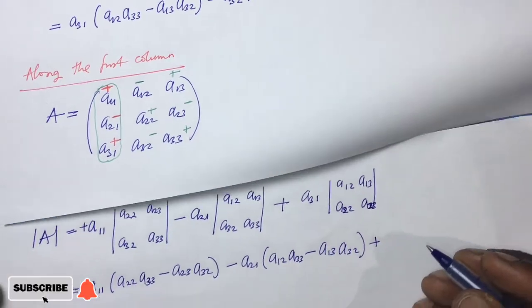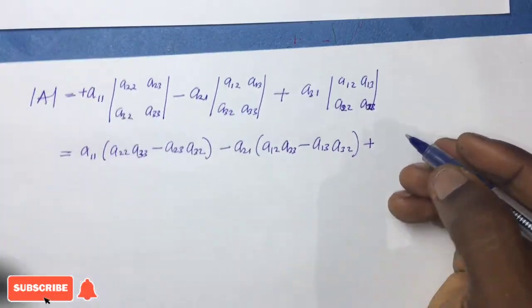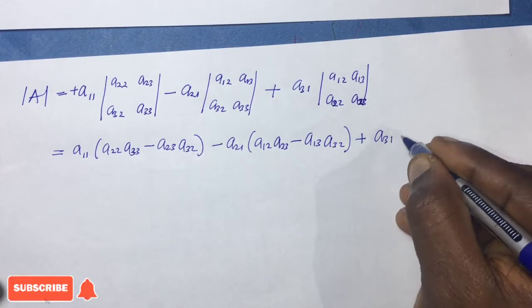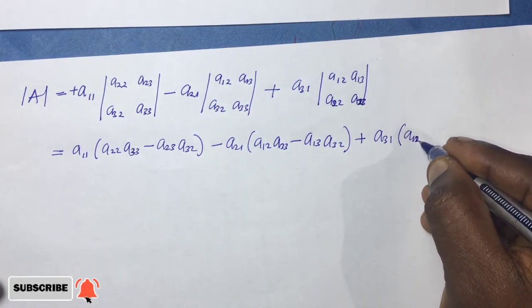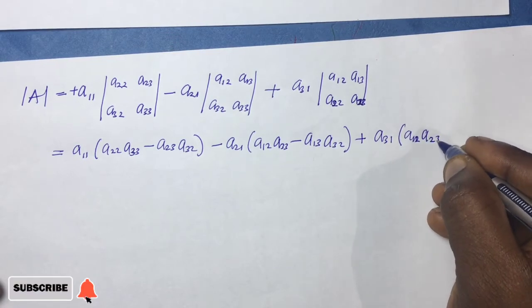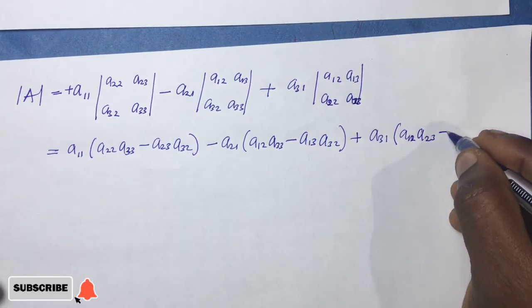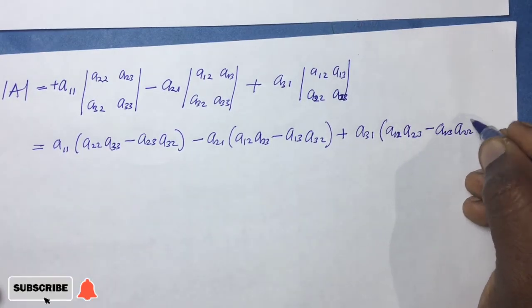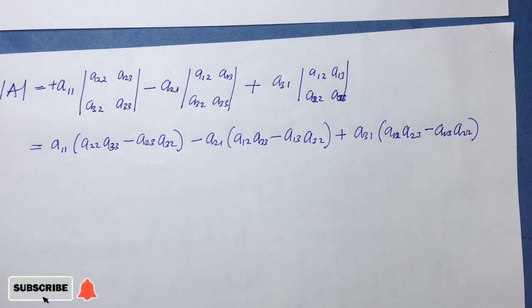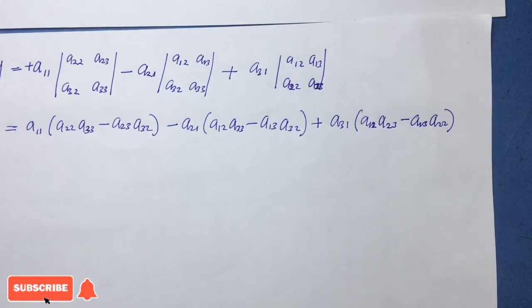Then plus A31 in bracket, A12 times A23 minus A13 times A22. So that will give you the determinant along the first column.